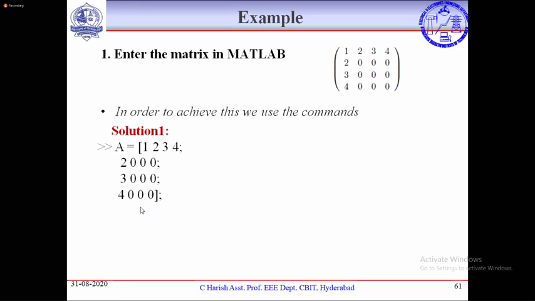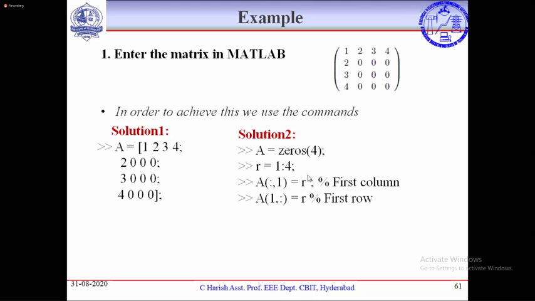Here the first solution will be like this: 1 2 3 4 semicolon 2 0 0 0 semicolon 3 0 0 0 semicolon 4 0 0 0. Okay, this is the first solution. There is another solution: A equal to zeros of 4, which will create a 4 by 4 zeros matrix. Then we create an array R equal to 1:4.